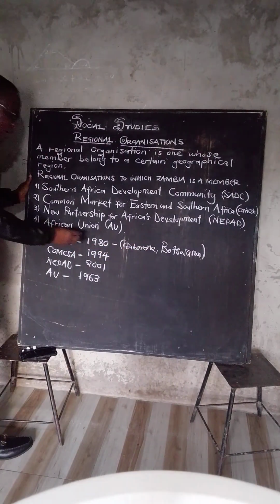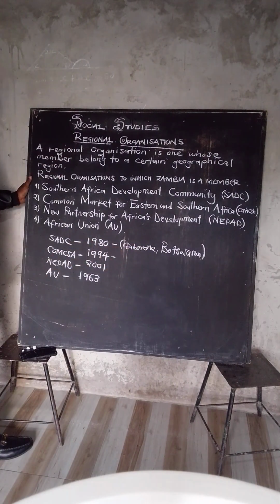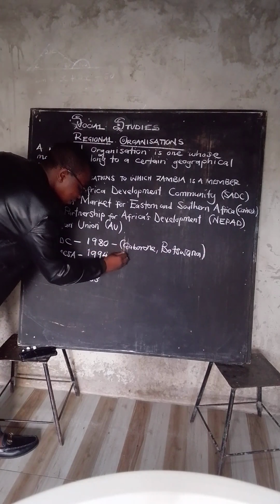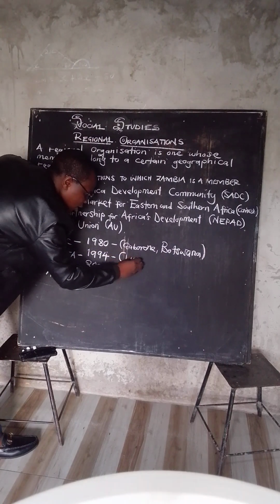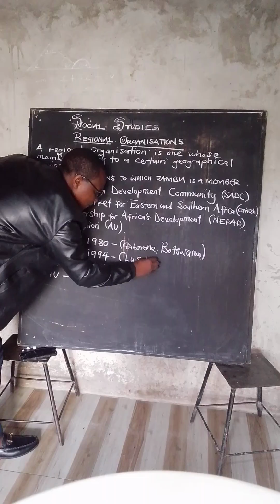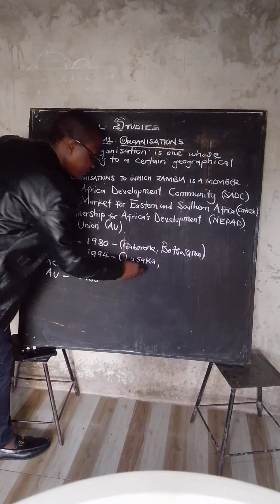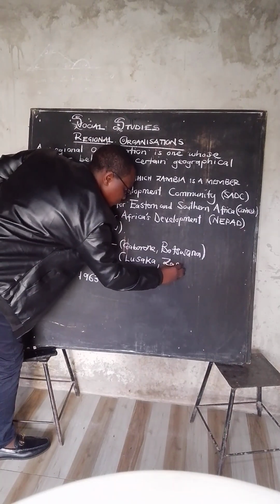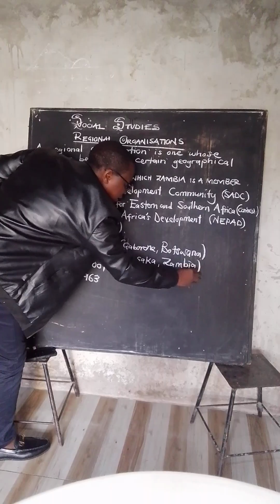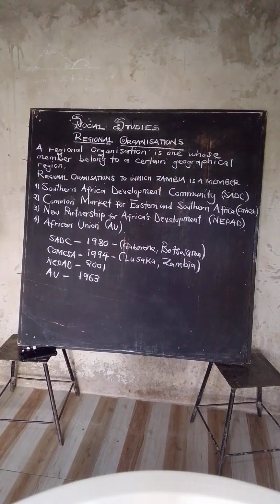Then COMESA, where are the headquarters of COMESA? They are in Lusaka, Zambia.